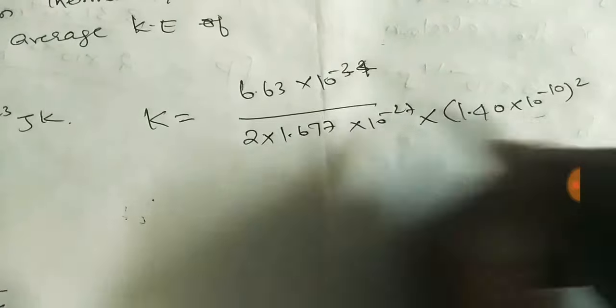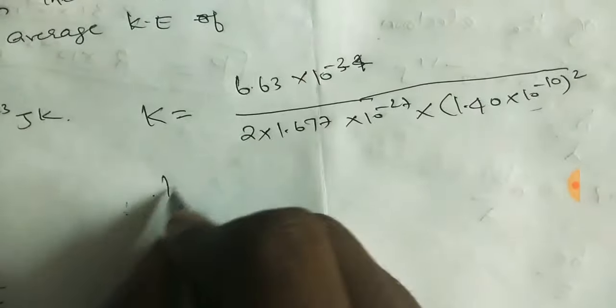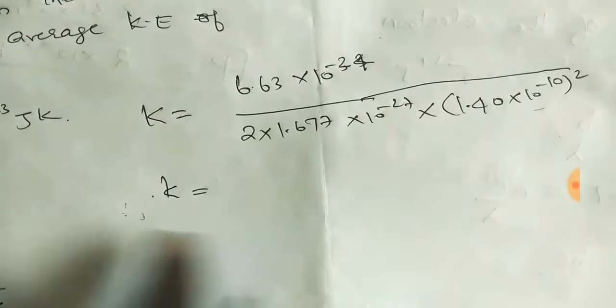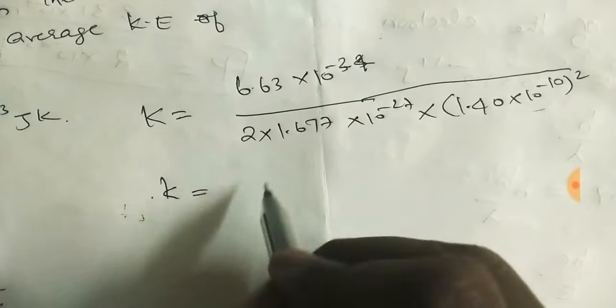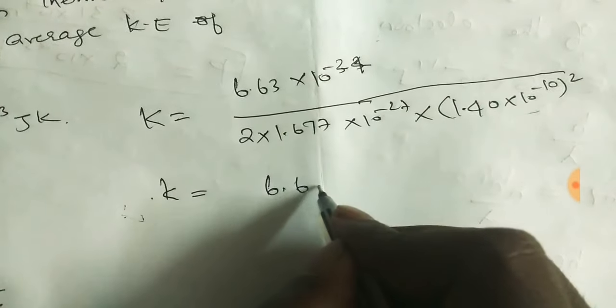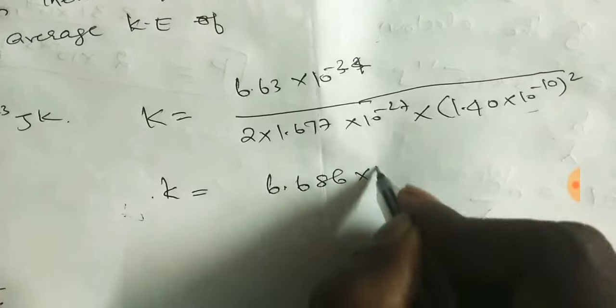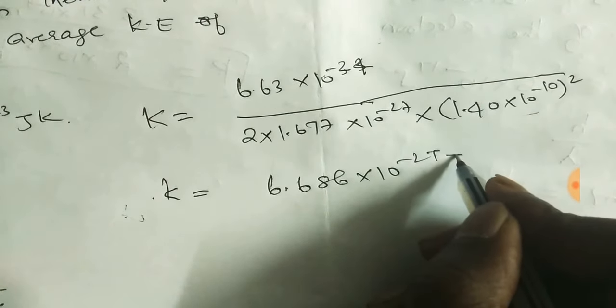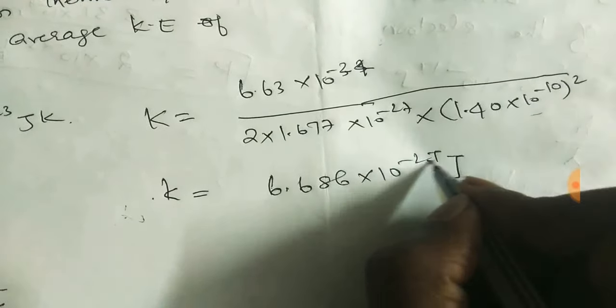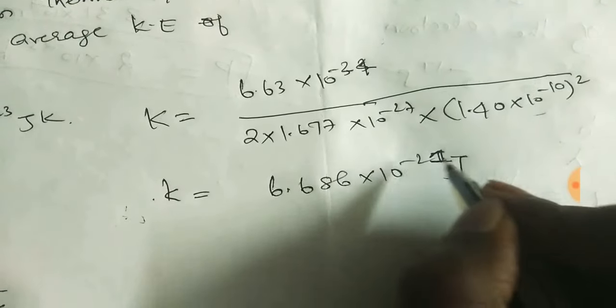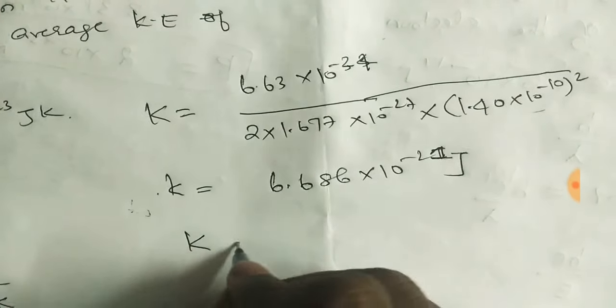Okay, the lambda value is given. Then when we divide the values, we will get 6.68 into 10 power minus 21 joule.